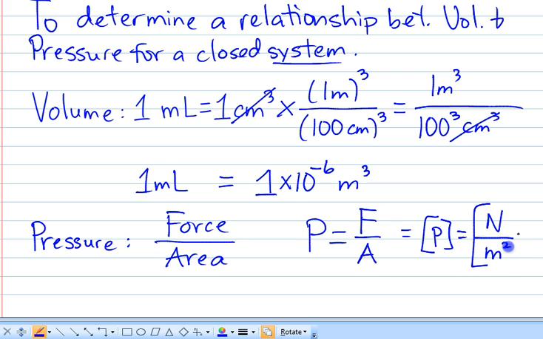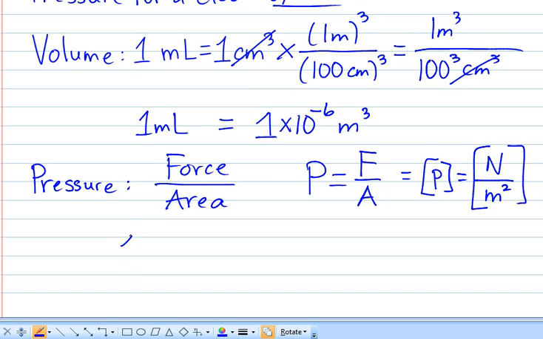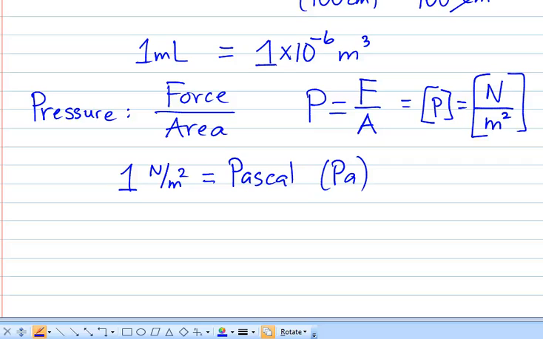And this is surface area, so meters squared. Okay, now 1 Newton per meter squared also has the special name of the Pascal, or just simply Pa. Okay? And we'll be talking about lots of comparisons between units, but this is what we need to do for the lab.